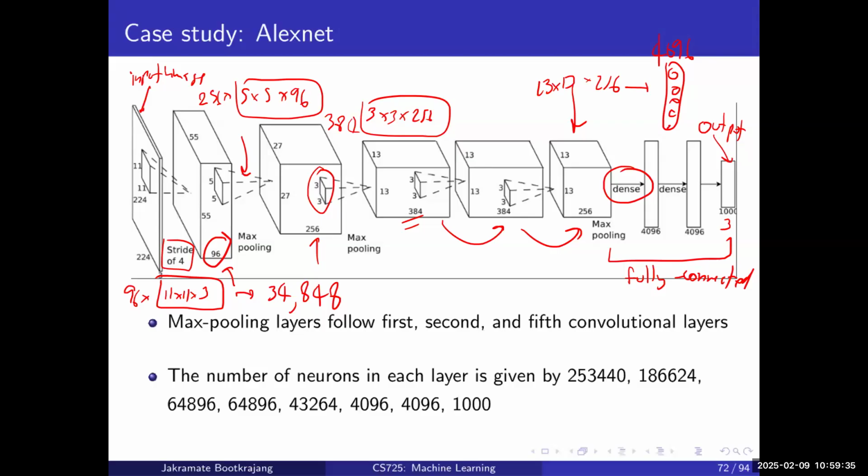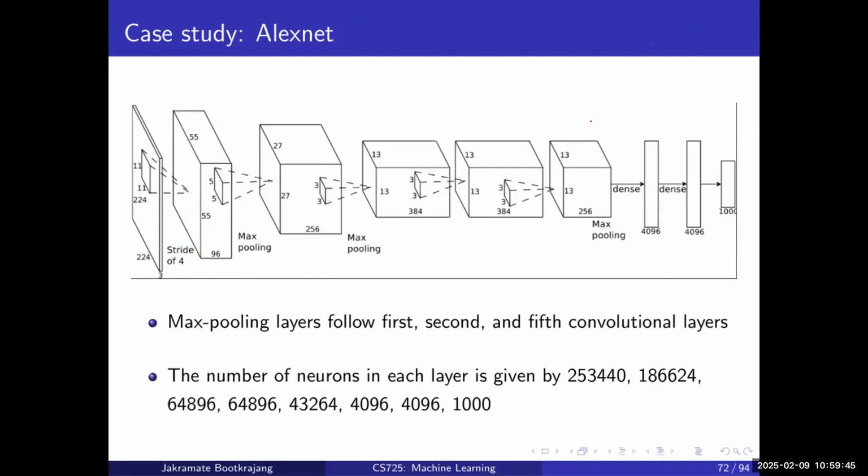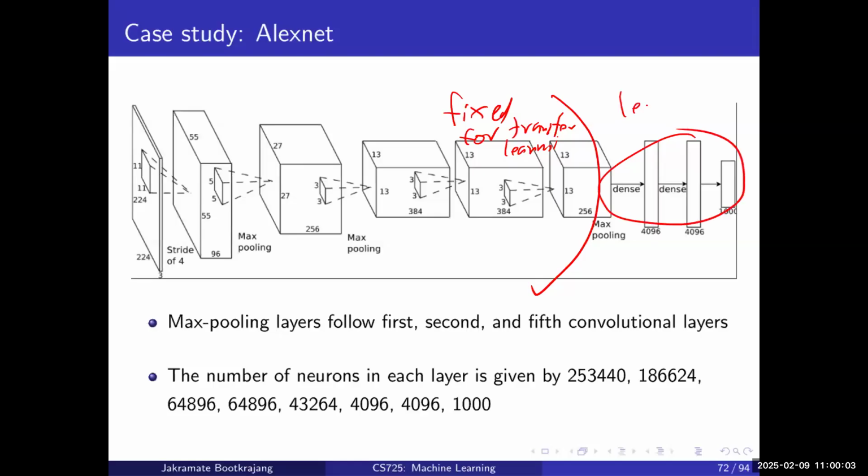If you want to use AlexNet with your transfer learning, basically you fix all the weights up until here, right? You fix them for transfer learning. So these are all the convolutional part, and this one you have to learn by yourself if you want to use transfer learning using AlexNet.